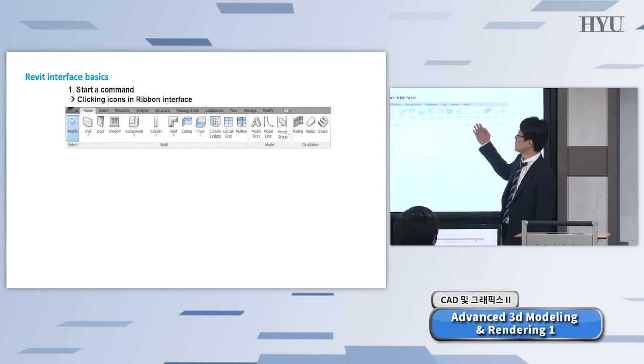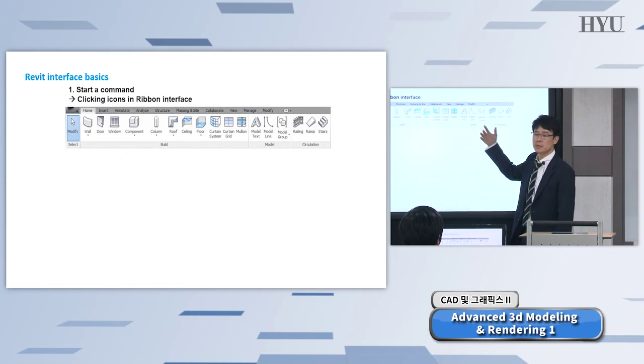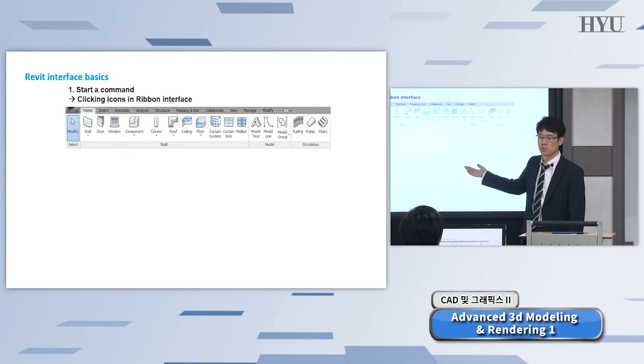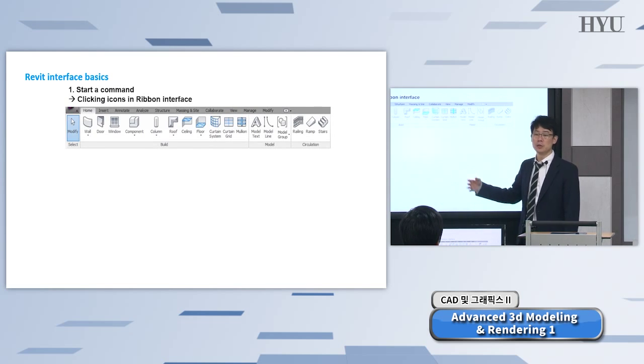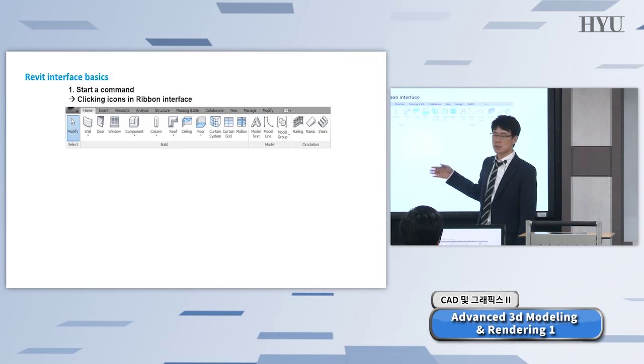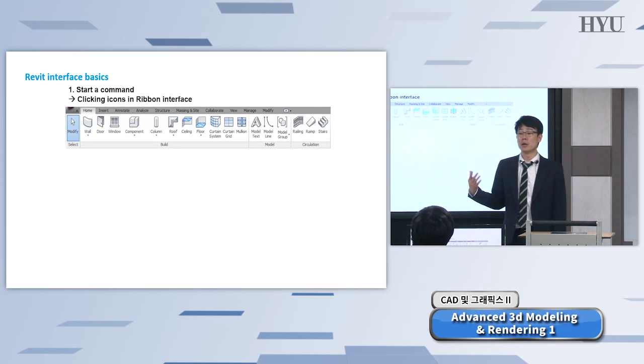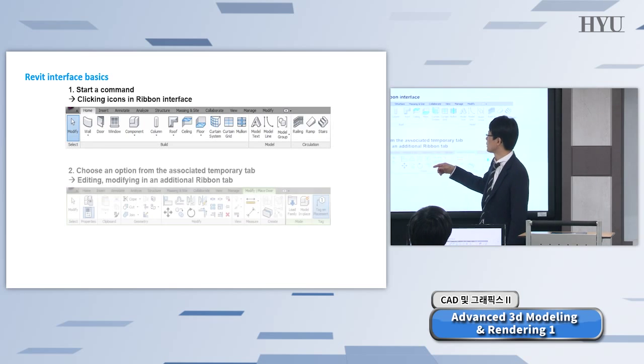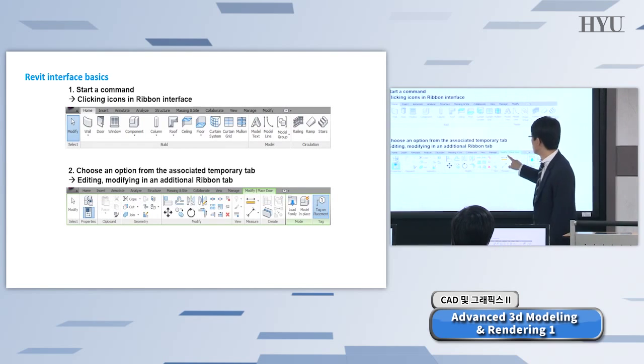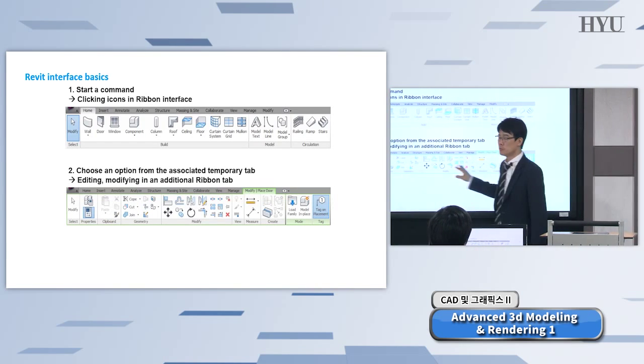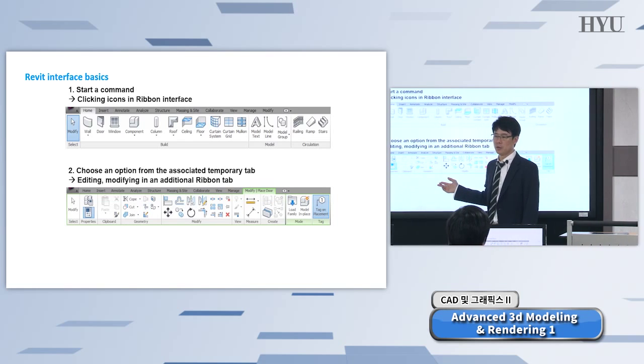So in this interface, looking very simple and easy to use, but not true. Really complicated. But it's dynamic and smart. In other words, if you click door object, some door-related amount of sub-options can be displayed, okay?